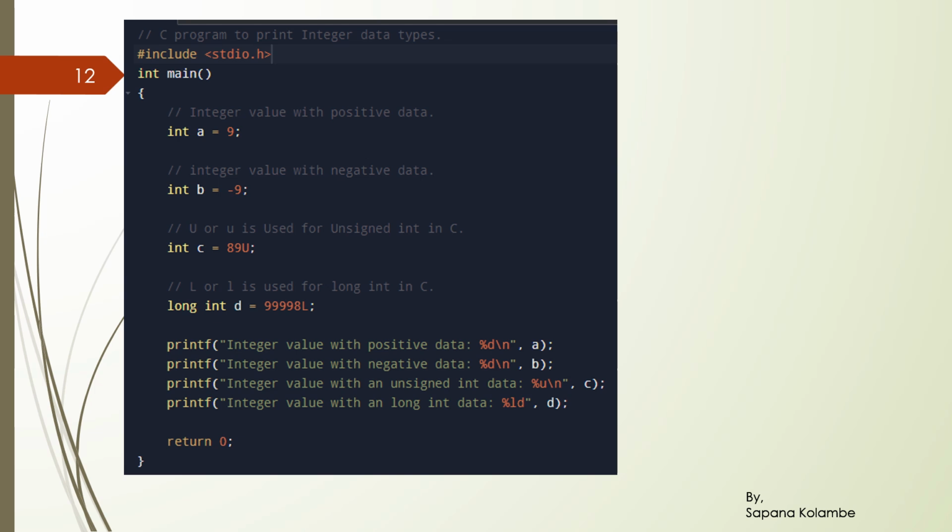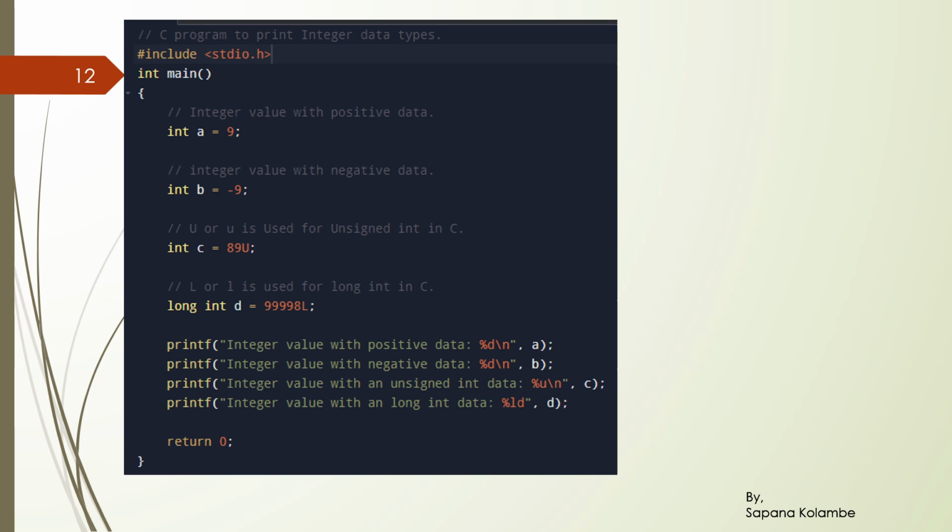Now first, to display the value of integer a, we have used %d. For the negative data, again we have used %d. Now if you see the variable c, I have defined 89u, so it is an unsigned integer, and that's why the format specifier is %u for the c variable.